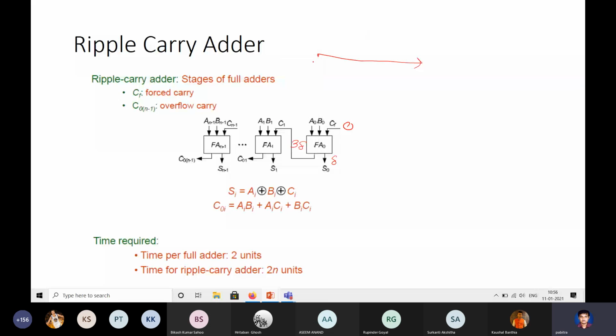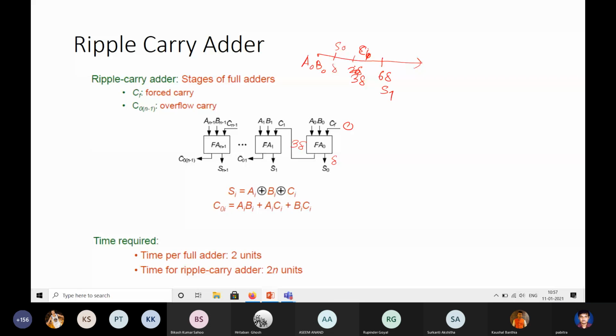But for S1, I have to wait for C1, which comes at 3 delta. And from C1, it takes another delta to compute S1 and 3 delta for C2.